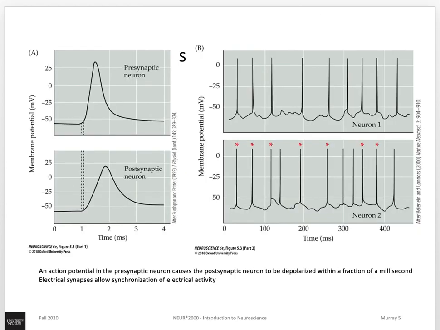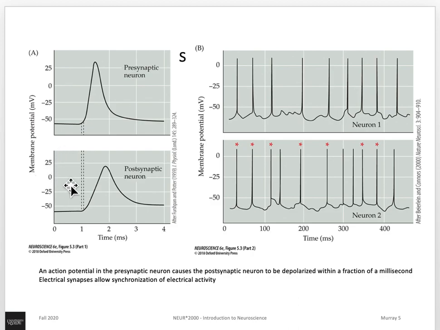And just highlighting the rapid nature of electrical transmission, this is figure 5.3 from your textbook. A refers to a crayfish gap junction. Taking a look at the graph, we have the postsynaptic neuron on the bottom and the presynaptic neuron on top.